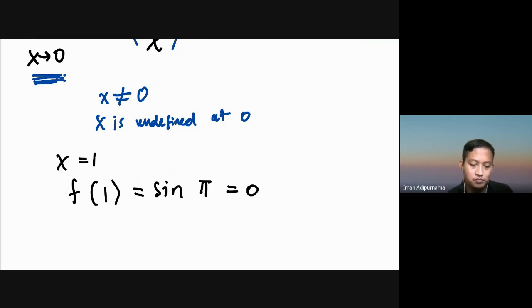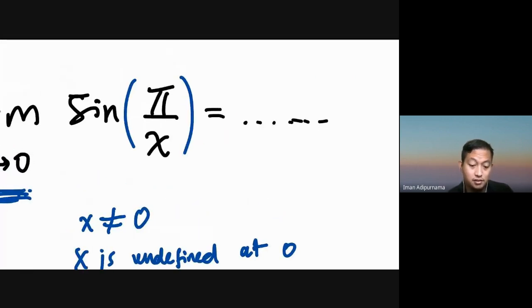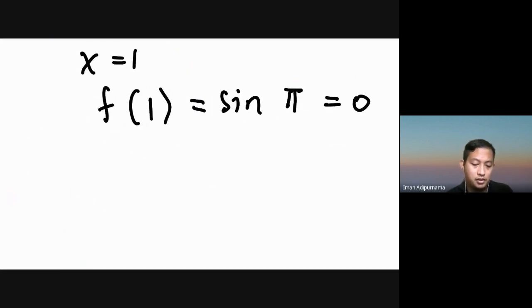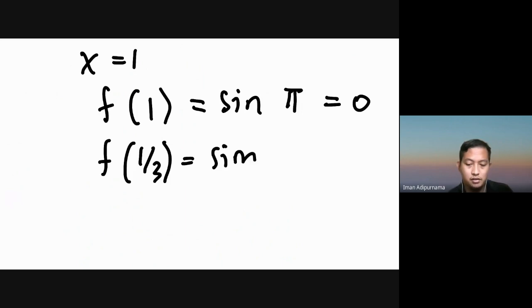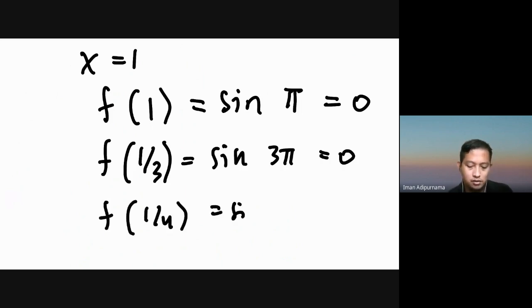Let's say pi over something, maybe x equal 1/3, and you will have sine 3 pi. Again, it's 0, and you get more and more 0.